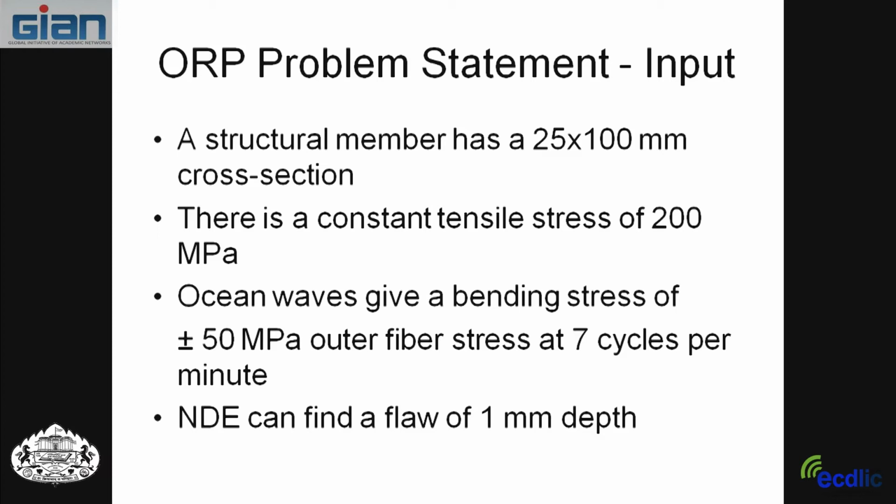I picked 7 cycles per minute because I was sitting on the beach one day counting how many waves came in a minute, and I got about 7 some of the time. I assumed that the non-destructive evaluation could find a flaw of up to 1 millimeter. So it could have a flaw somewhere of 1 millimeter or less, and then we use that as a starting flaw.